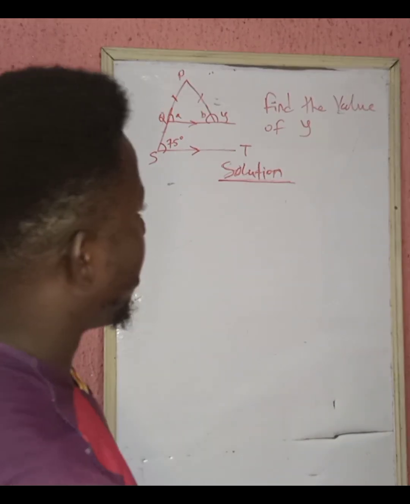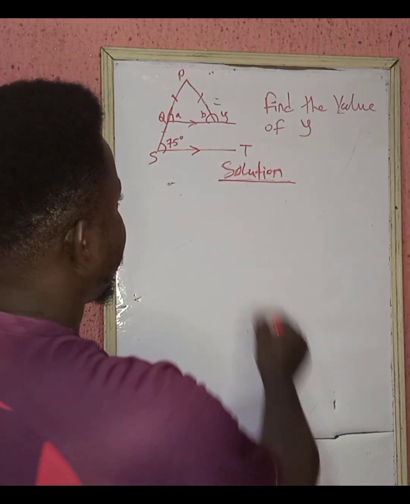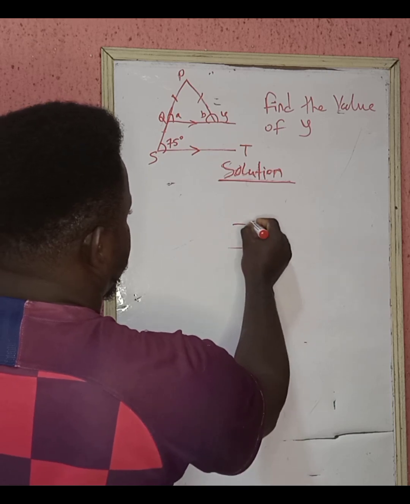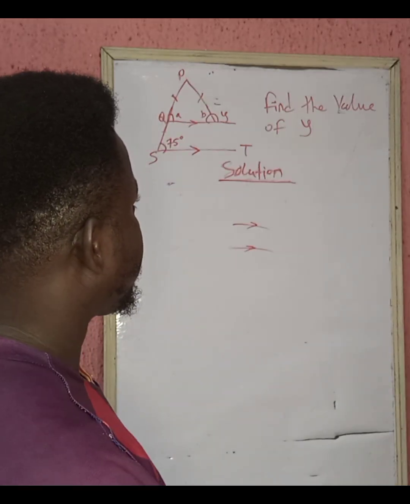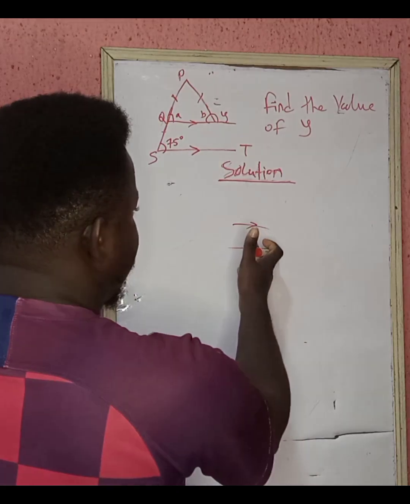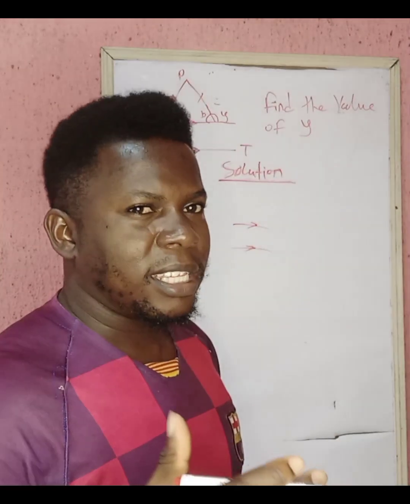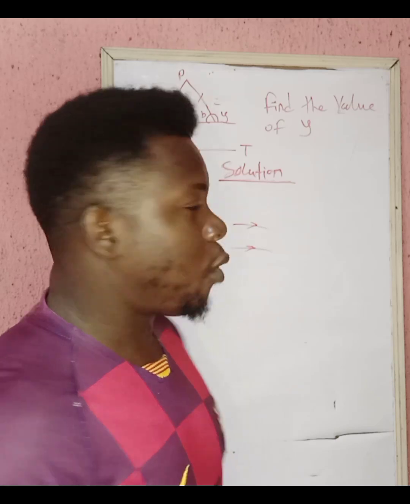So let's say, and here, look at here very well. They gave us this line, which means that here and here, if you think very well, is a corresponding angle.